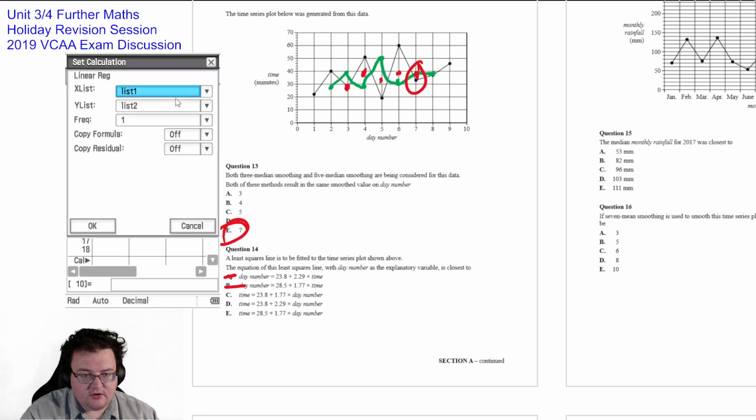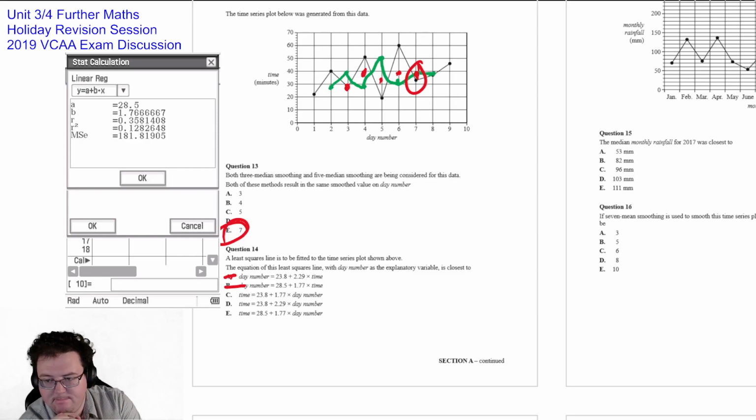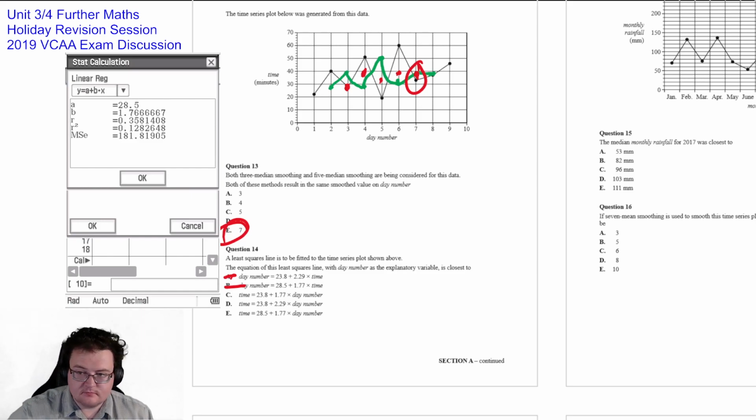Calc, regression, linear regression, list 1, list 2, bang, there's our numbers. 28.5 for A and 1.77. So it's not C, it's E. Nice guess, but yeah, wrong.